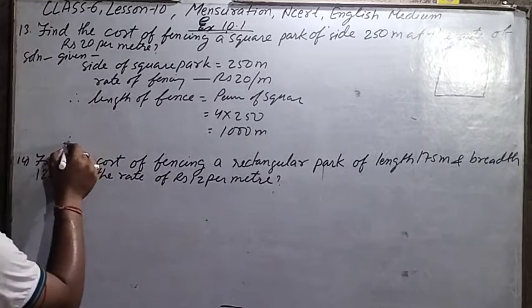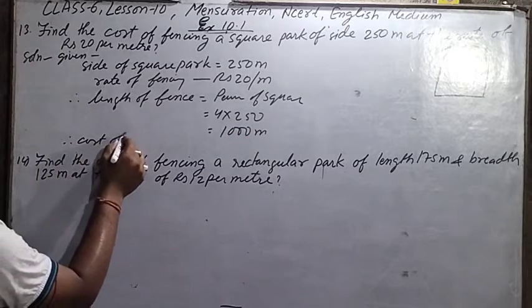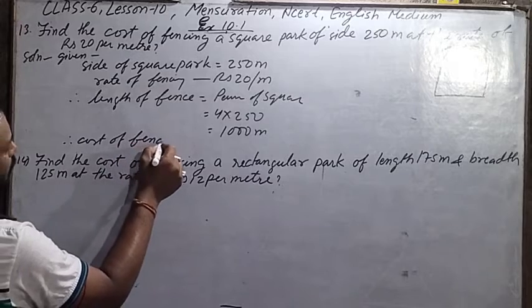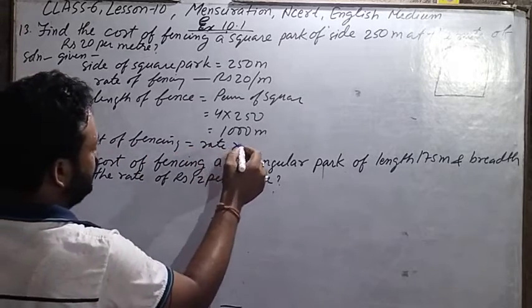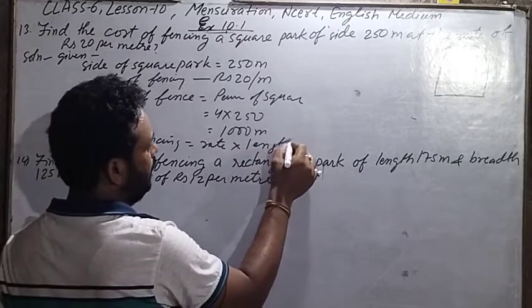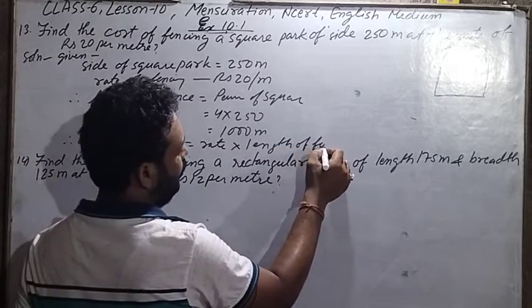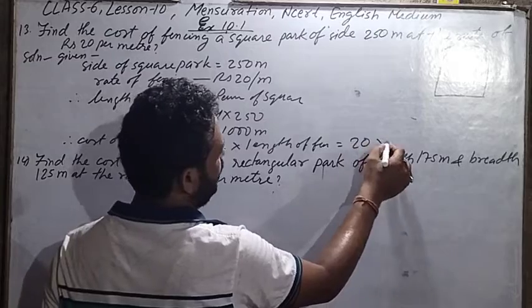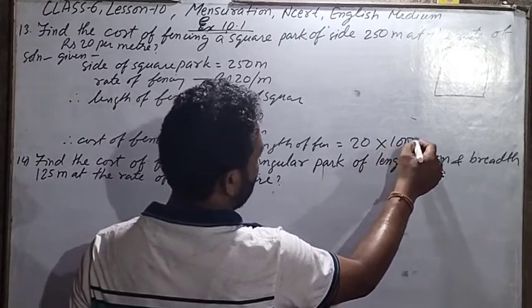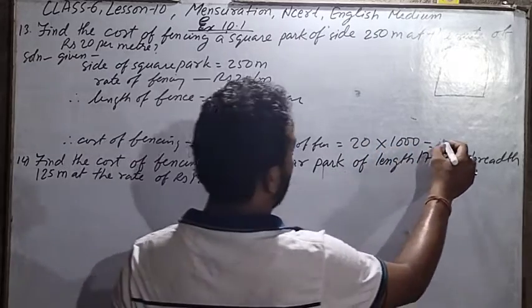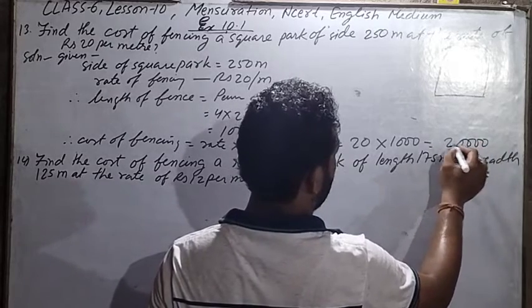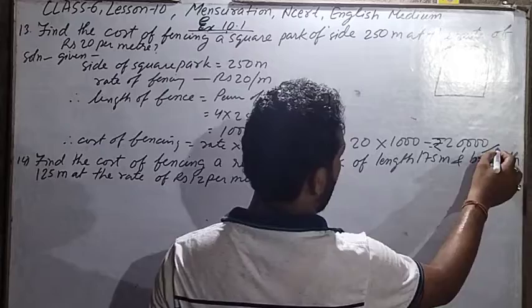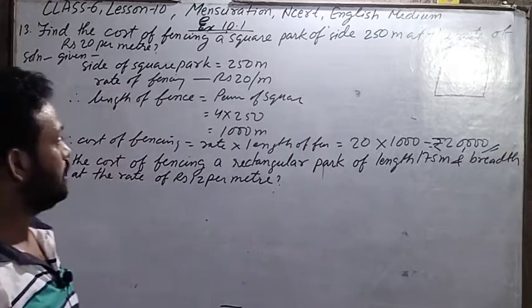Now therefore cost of fencing is equal to rate into length of fence, that is 20 into 1000, that is equal to 20,000 rupees. You will do like this.